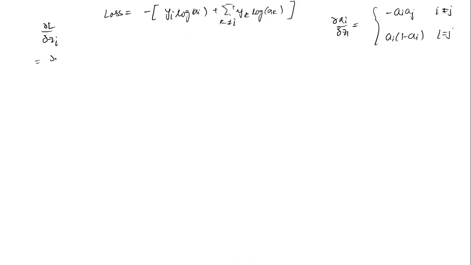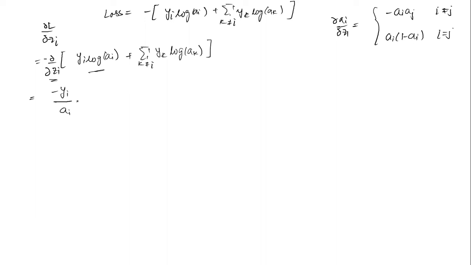So when we take the derivative, taking the derivative of this term will give minus of yi upon ai, and then again the derivative of del ai with del zi, and here we will have the summation yk by ak, and this summation is for all k not equal to i.